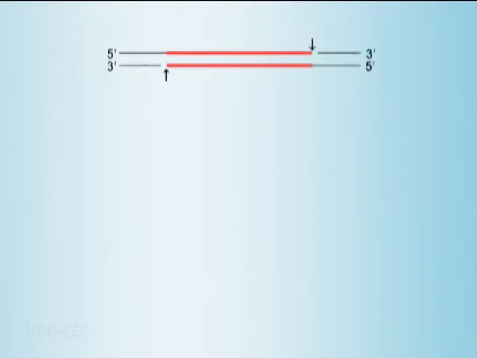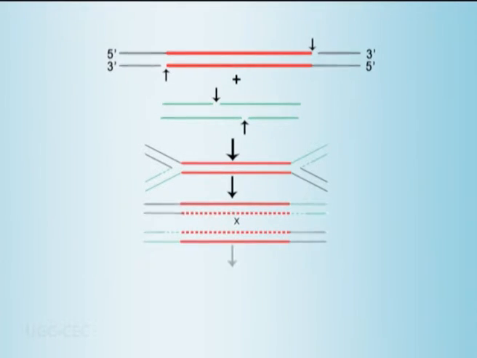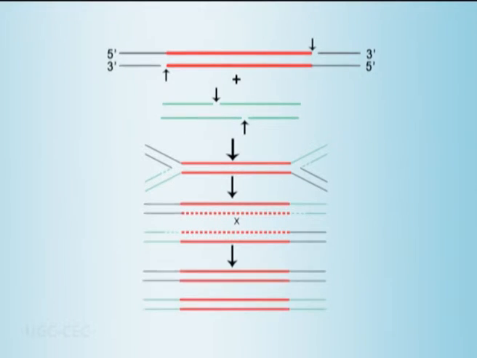It involves number 1, single strand breaks in the target DNA and on either side of the transposon. Number 2, ligation of ends to produce a complicated hybrid molecule. Number 3, bidirectional replication through the element with subsequent ligation.